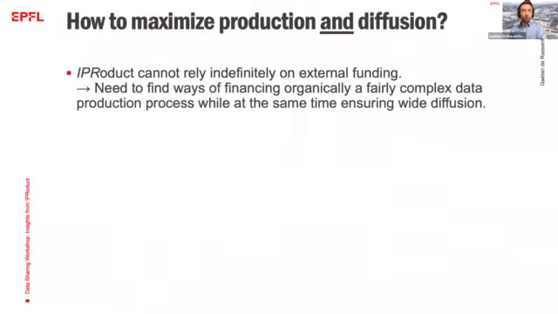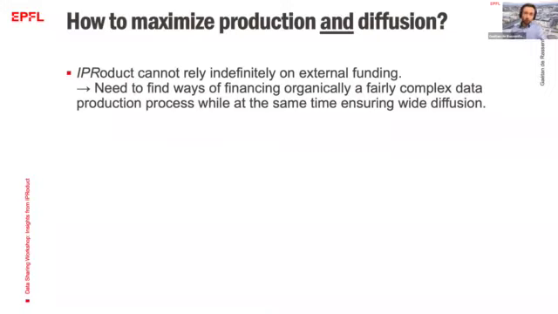So as I was mentioning, our challenge here is how can we maximize production and diffusion at the same time? We cannot rely indefinitely on external funding. External funding dries out at some stage. So we need to find ways of financing the data organically. It's a fairly complex data production process, while at the same time ensuring wide diffusion.